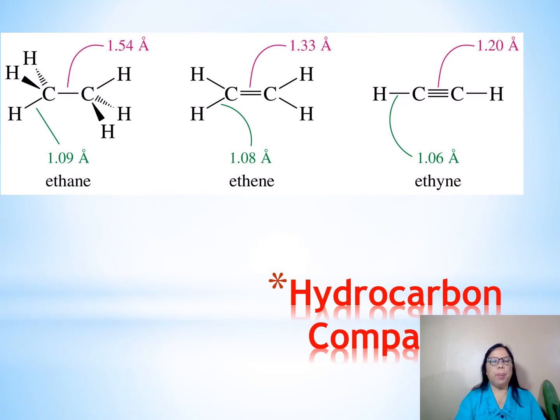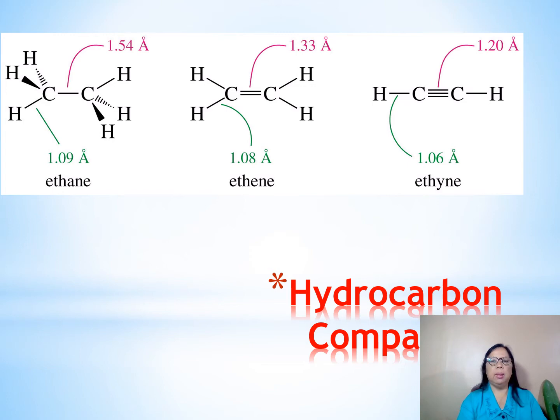Okay, let us try to compare the three hydrocarbons. First, we have discussed ethane or the single CC bond, ethene for the double CC bond, and ethyne for the triple CC bond. We have claimed that the carbon-to-carbon bond here is flexible since they follow also the angle of 1.54 and the carbon-to-hydrogen bond is 1.09.